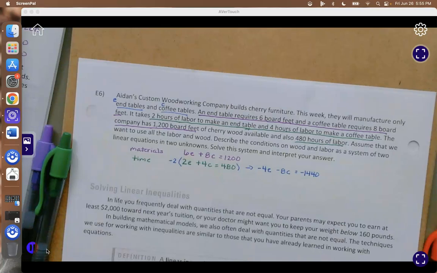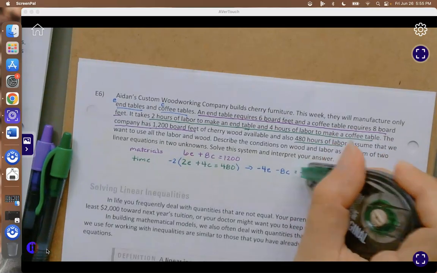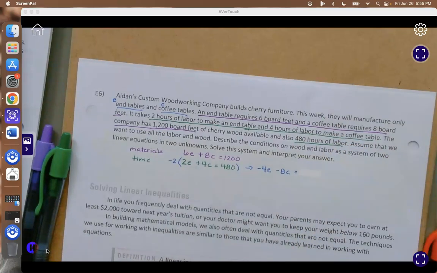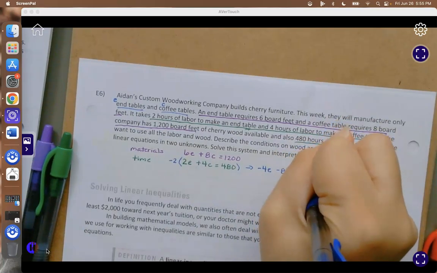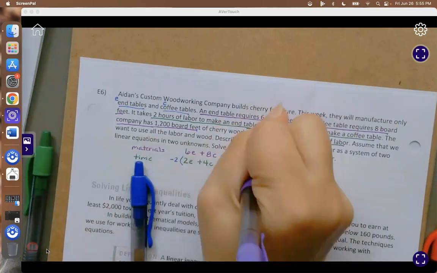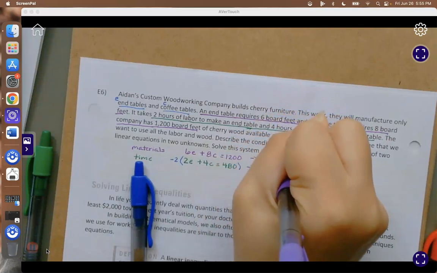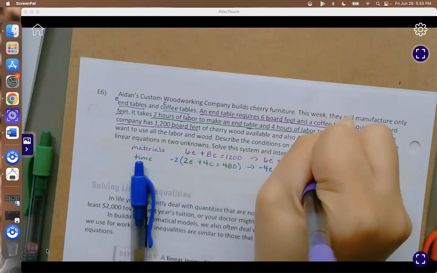Okay, I think that doesn't look right. Hang on 1 second. Oh, I used the wrong numbers. So 480 times 2, and multiply it times 3. That's 960. Sorry about that. -960. Then this one stays 6e plus 8c equals 1200.